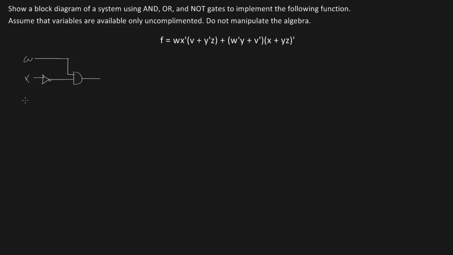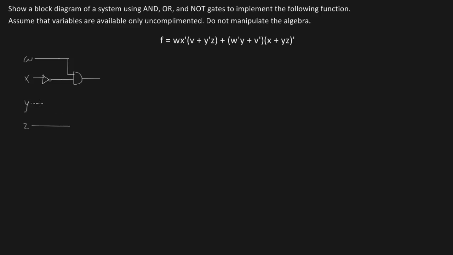We're going to start with the V. No, we're not going to. We're going to start with the Y and the Z. Now the Z we're going to leave alone, but the Y has to be complemented just like the X did.